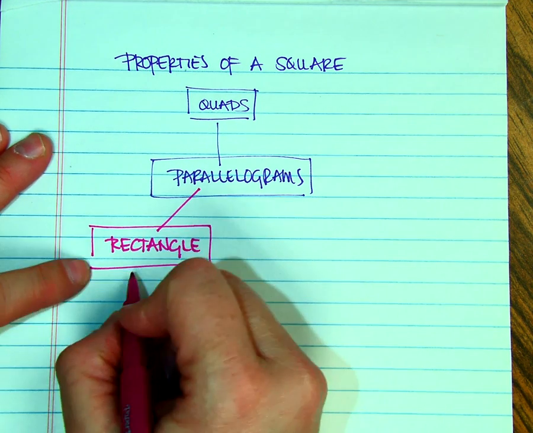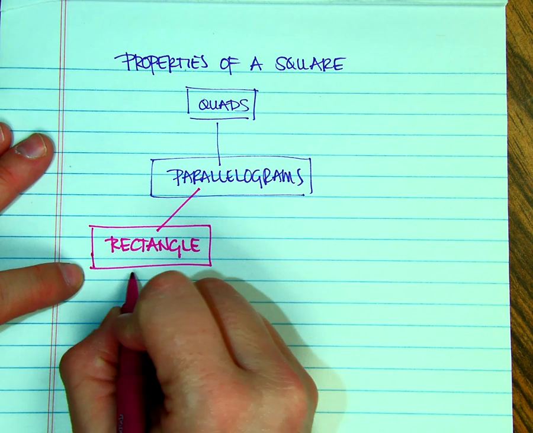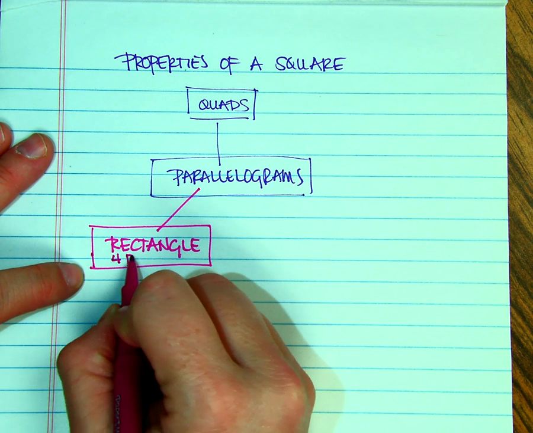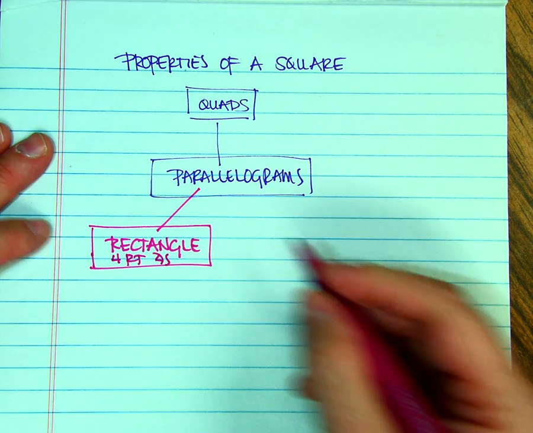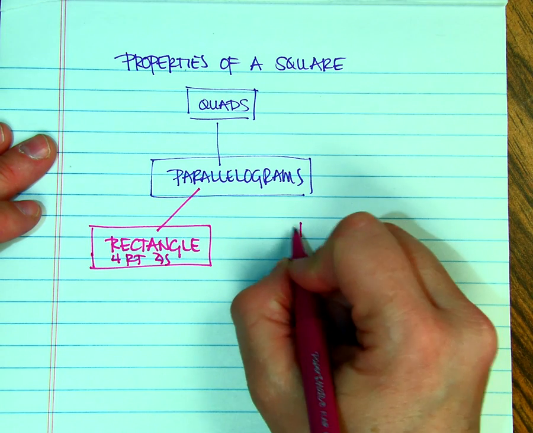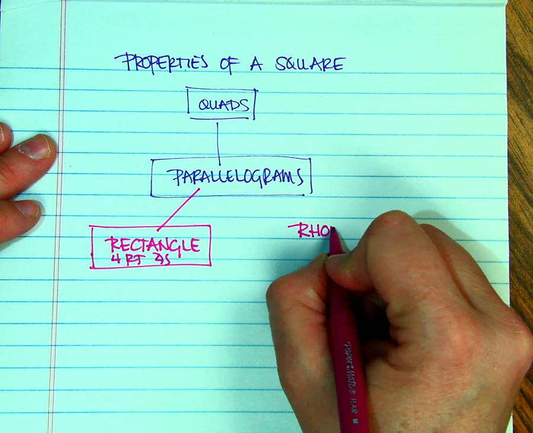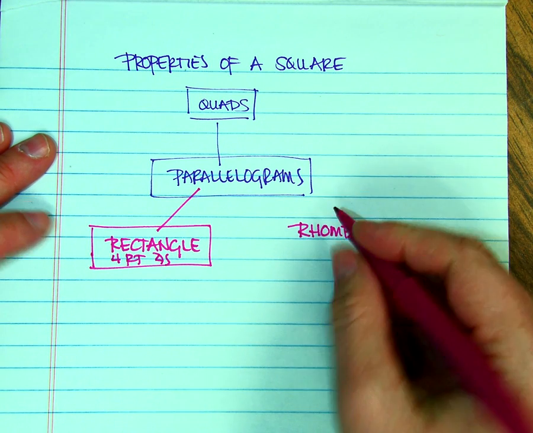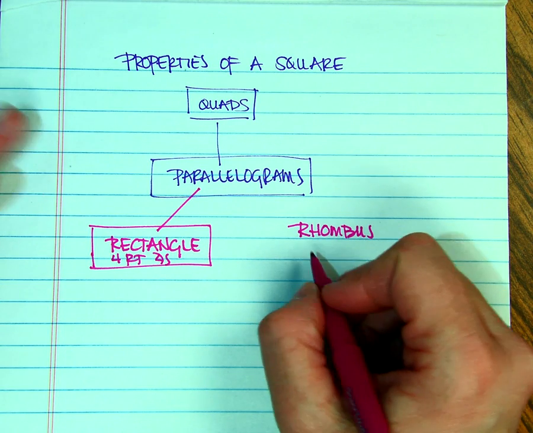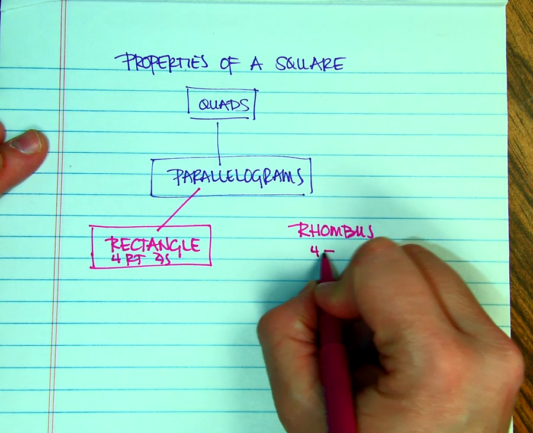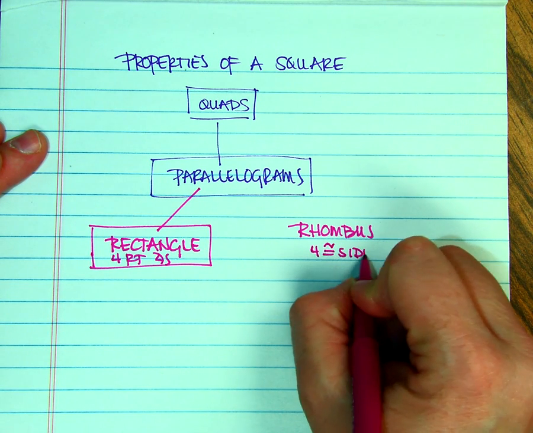Remember, what makes a rectangle is that it has 4 right angles. And then we have the unique branch called a rhombus, which is made by 4 congruent sides.